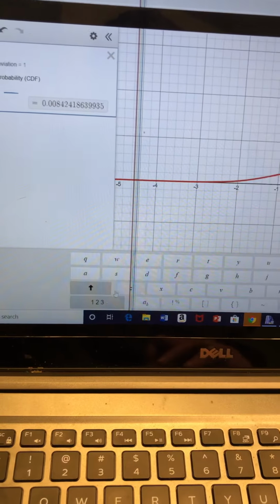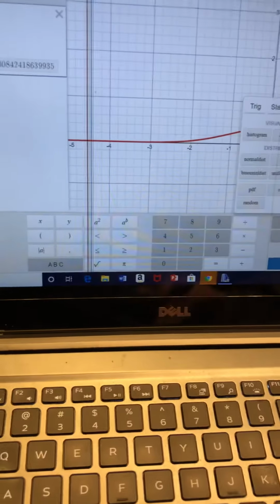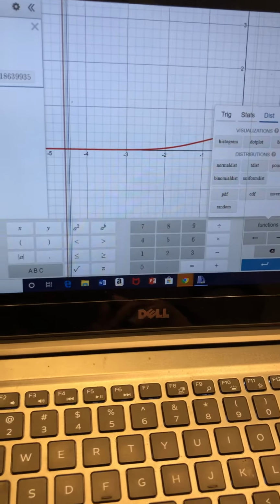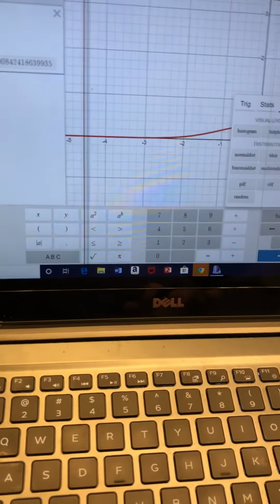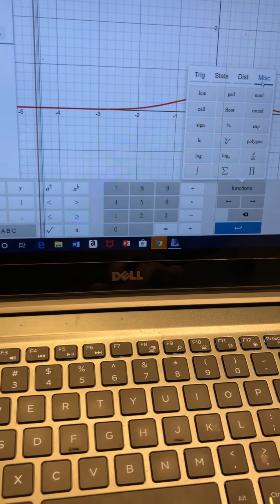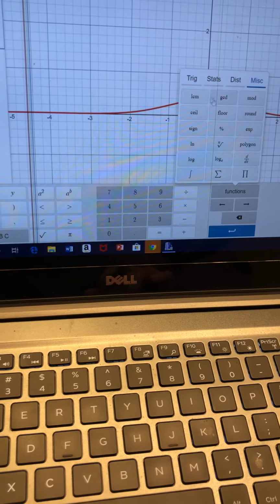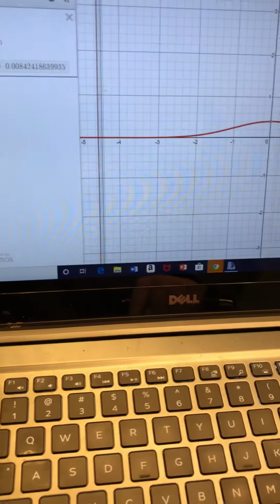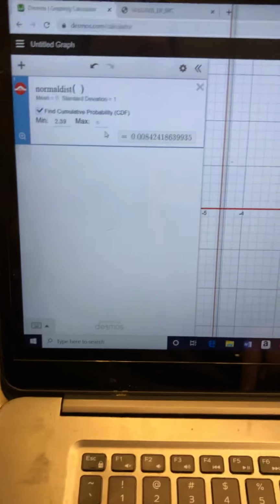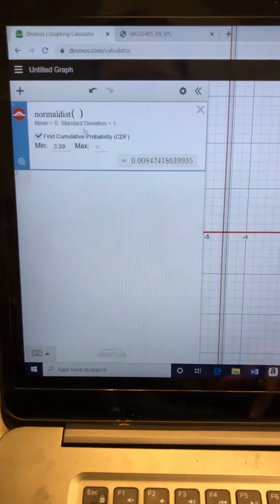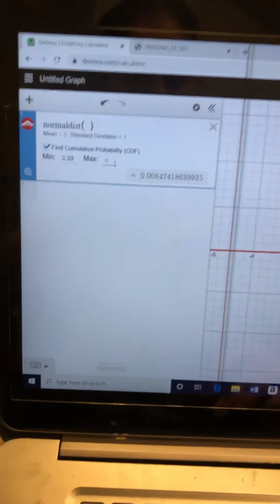It's somewhere though, because it was there a minute ago. Somebody else can tell us where it is. I don't see it right off, but I know it's here. We're just going to type in 1,000 and, oh, it put it in for me. I don't know how I did that, but anyways, 0.0084. I guess it puts it in automatically. I didn't click anything.